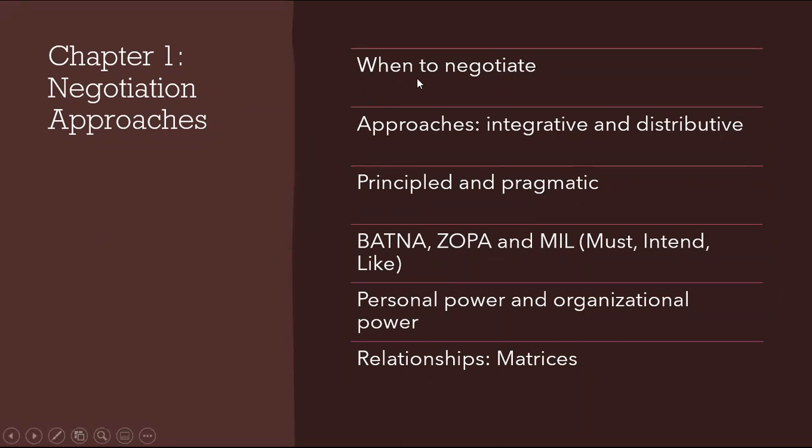As you know, the procurement supply cycle of CIPS has 13 stages, and negotiation may occur during defining needs, during contract award, and post-contract award.